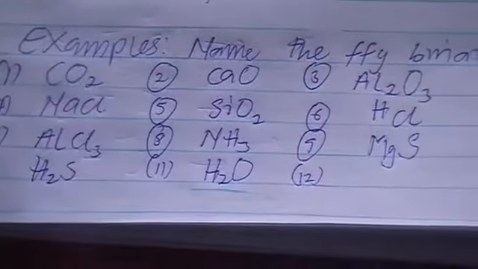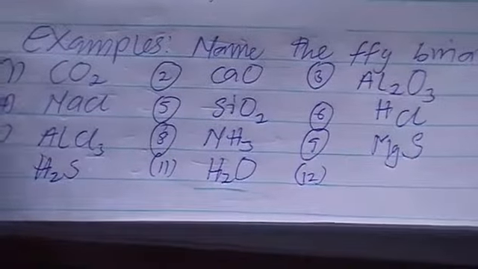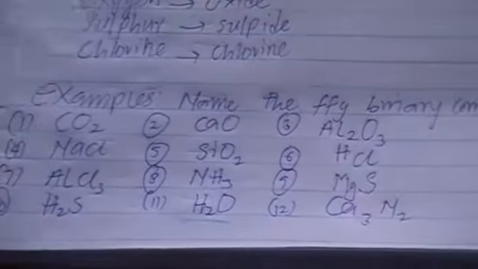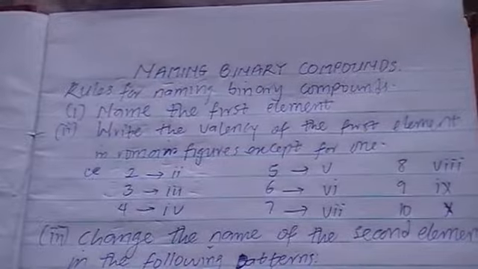Number 11, let's take a look at H2O. Number 12, let's look at Ca3N2. So these are the first 10 examples we shall be looking at under naming binary compounds.